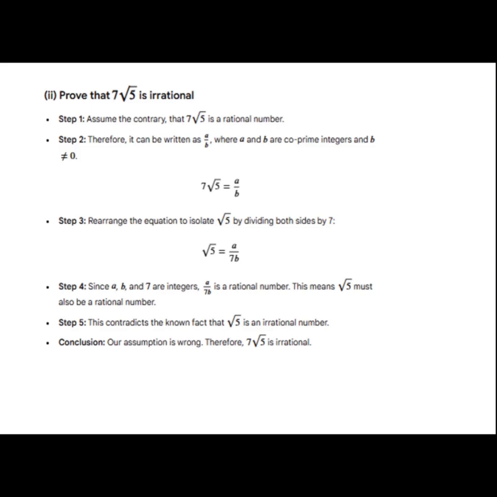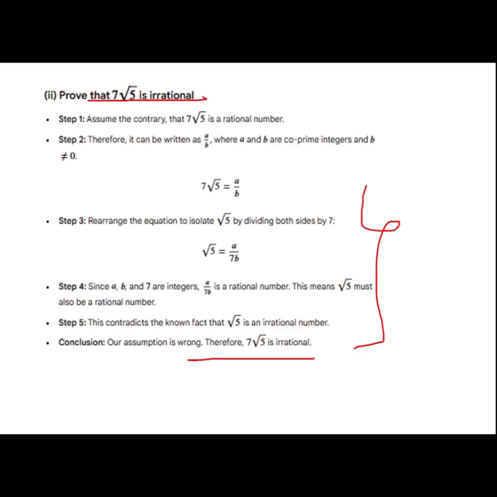Next question. Prove that 7 into root 5 is an irrational number. This is also proved with the help of the theorem. Let p be a prime number. If p divides a square, then p divides a, where a is a positive integer.